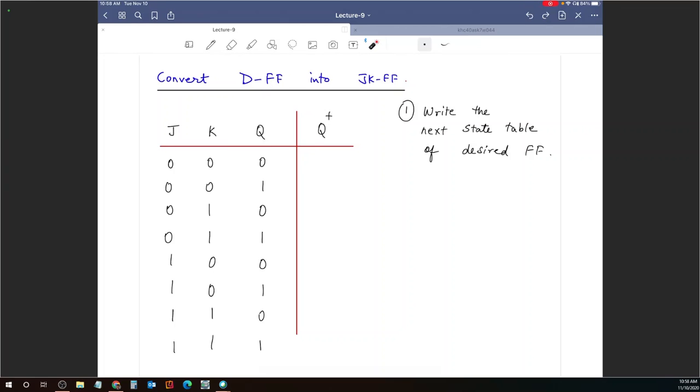What you're given is a D flip-flop, a data flip-flop, and what you want to design is a JK flip-flop by adding some other logic gates to the design. There are a few steps we will walk through to get that conversion. So given D, desired JK. This is given and this is desired.